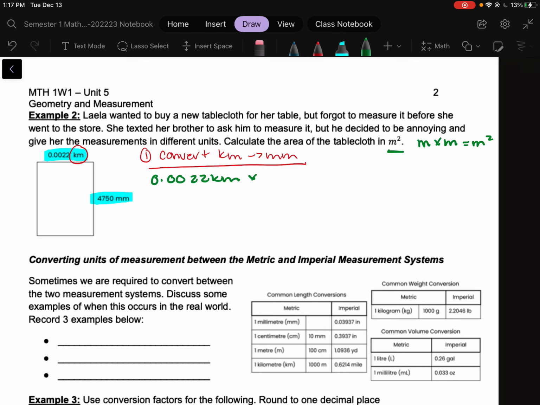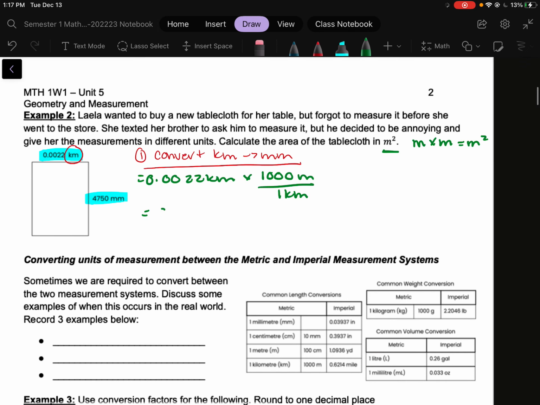Taking our 0.0022 kilometers times 1,000 meters over 1 kilometer will give us 2.2 meters. And now we need to make sure our millimeters is converted as well.